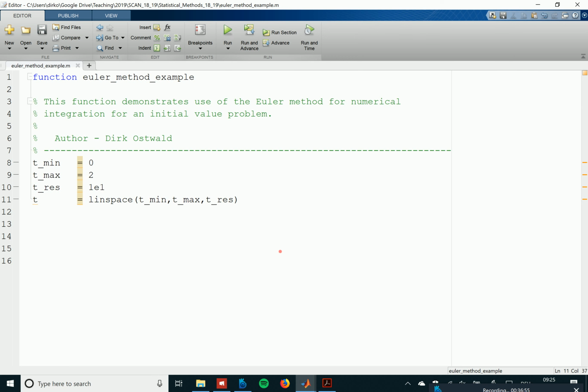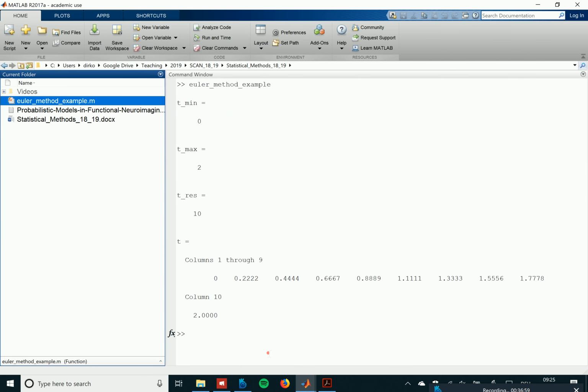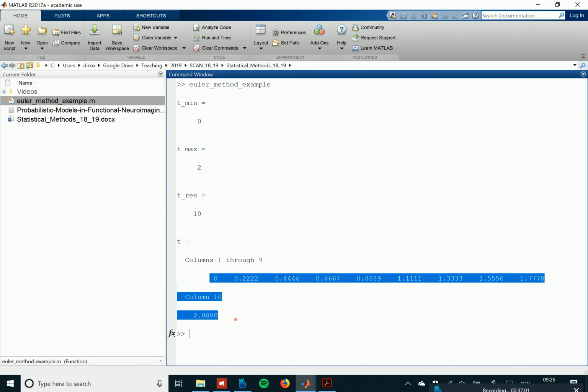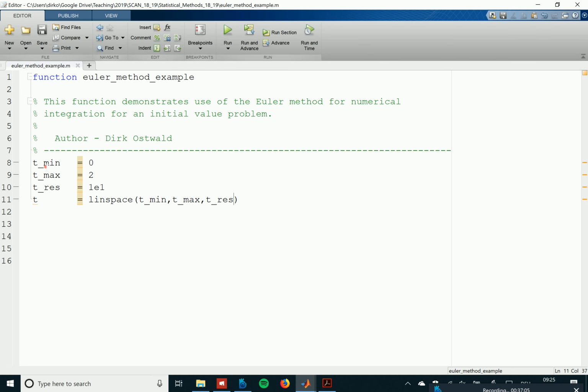See whether now everything crashes again because I'm recording and doing MATLAB at the same time. No. So these are now our support points. Maybe I call them TK to make that even clearer. So these are our TKs now.